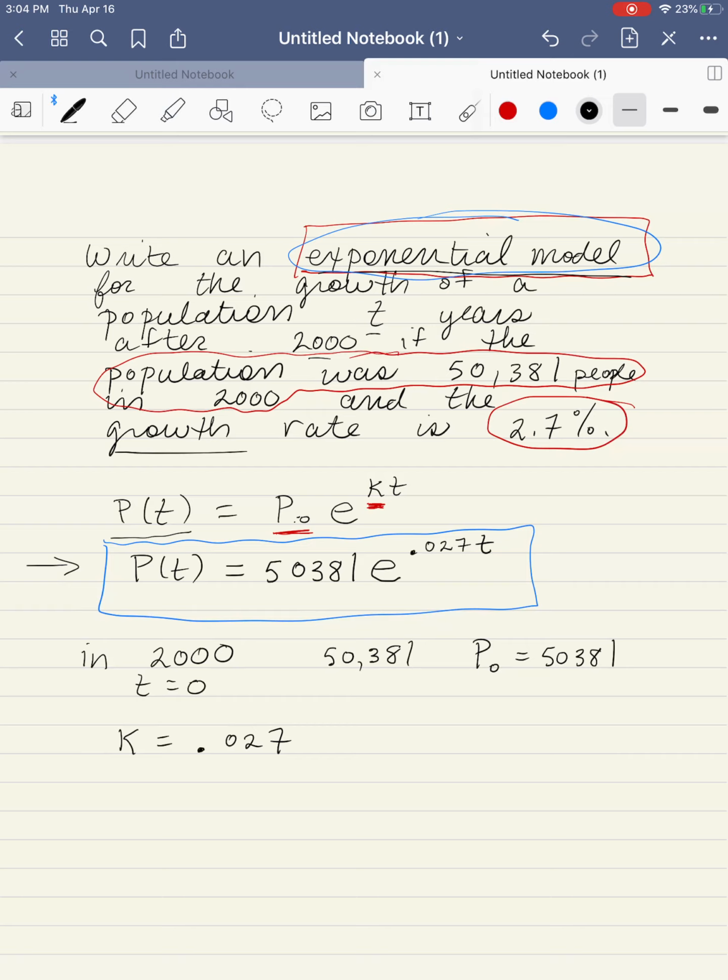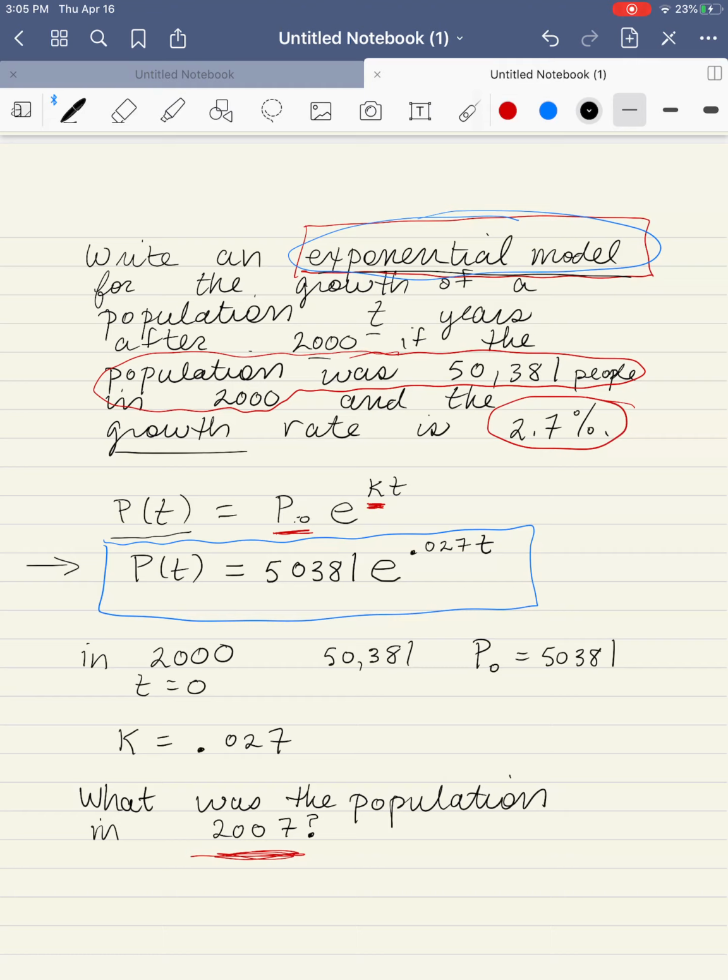Now let's look at using the exponential model to do some things. Let's see if we can figure out, using the model, what was the population in 2007? What was the population in 2007?